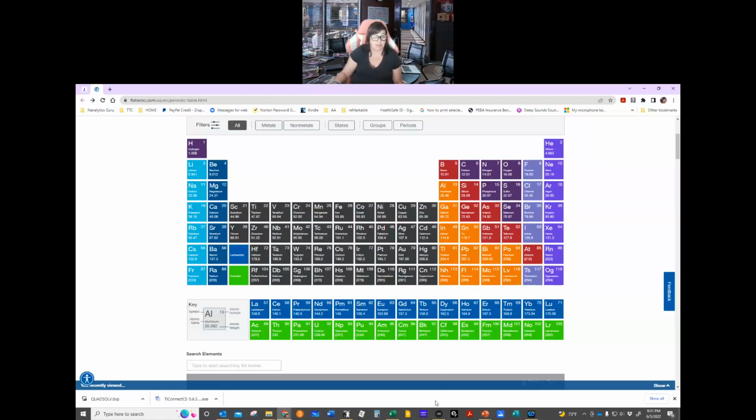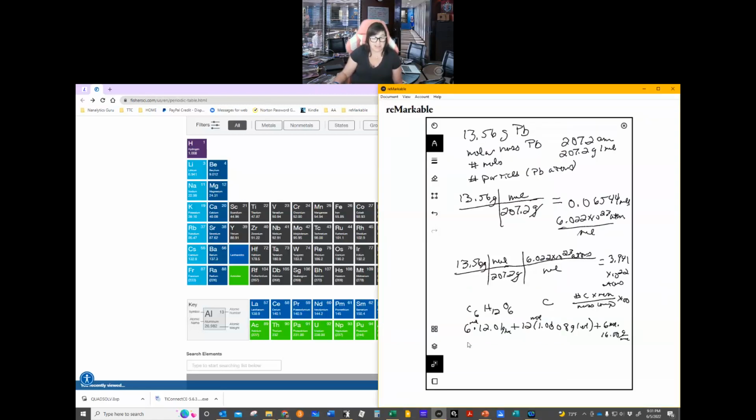And again, I said I'd show you that mess, and this is that mess. So 6 moles times 12.01 grams per mole plus 12 moles times 1.0008 grams per mole plus 6 moles times 16.0 grams per mole.